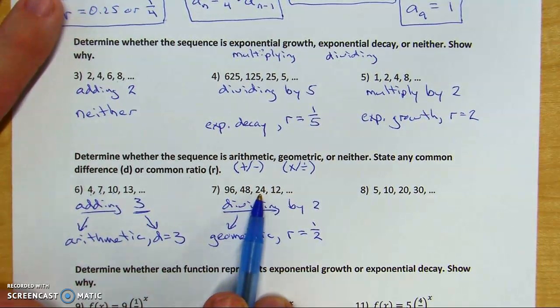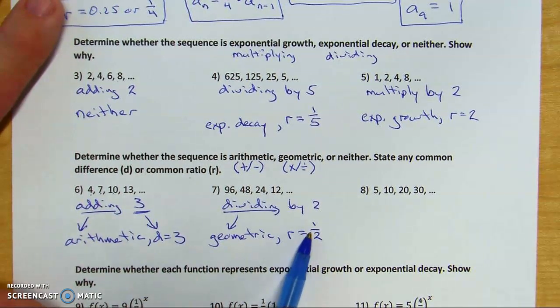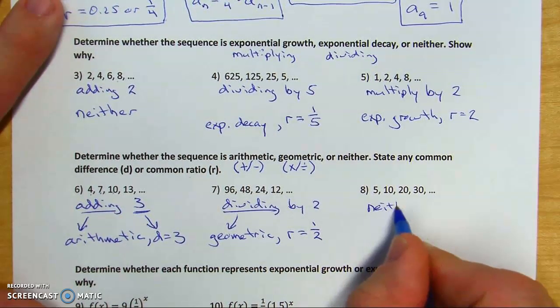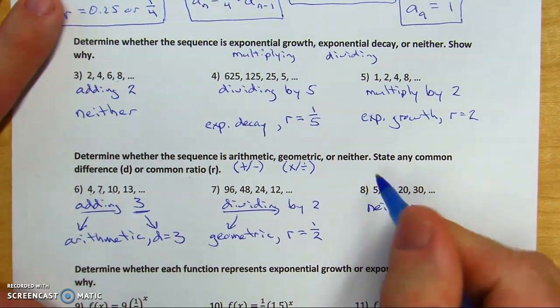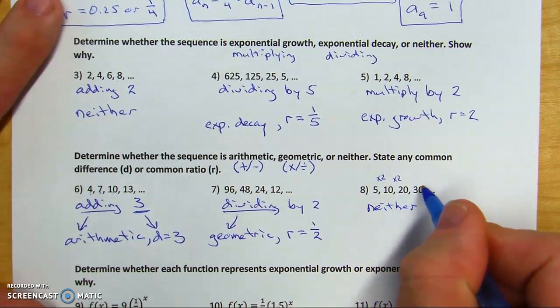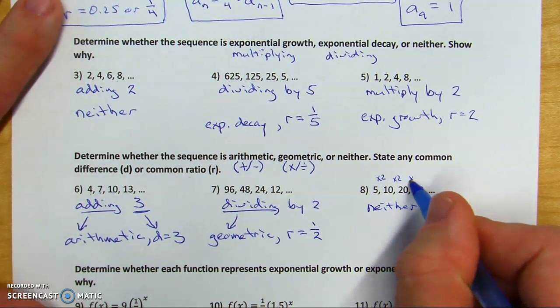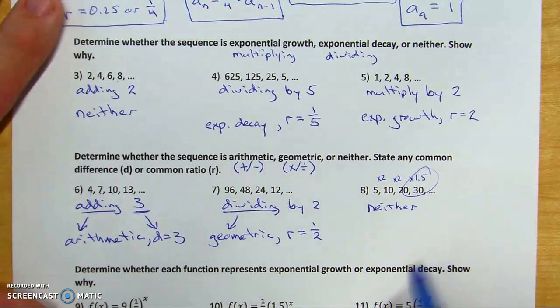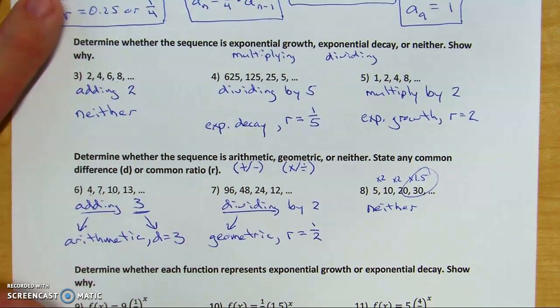But it's getting smaller from left to right, so you have to flip that. Over here, this is actually going to be a neither. You might think, oh, aren't we multiplying by 2? But 20 times 2 is 40. So this is actually like 1.5. So they're not the same right there. So you could just write neither.